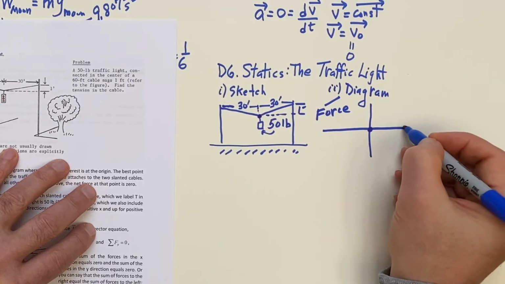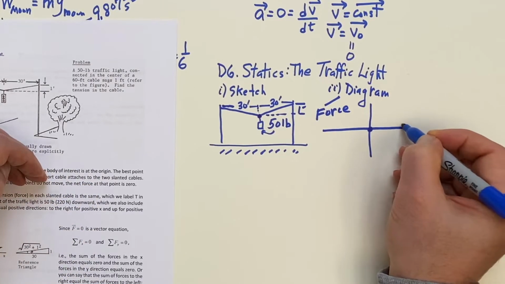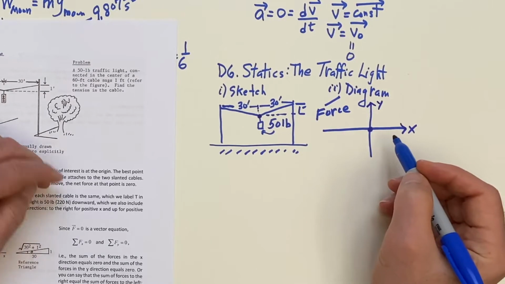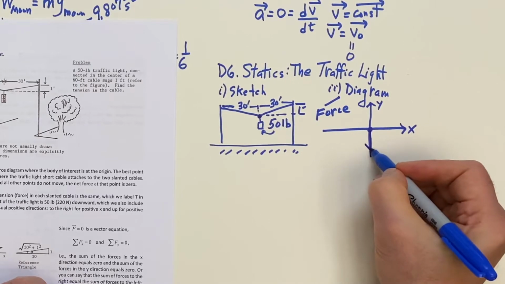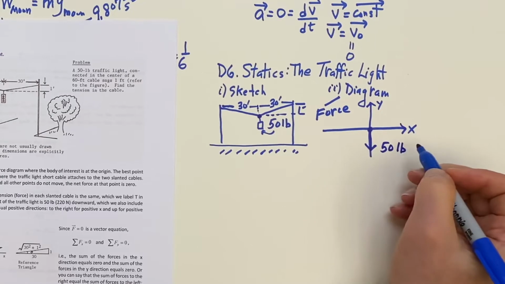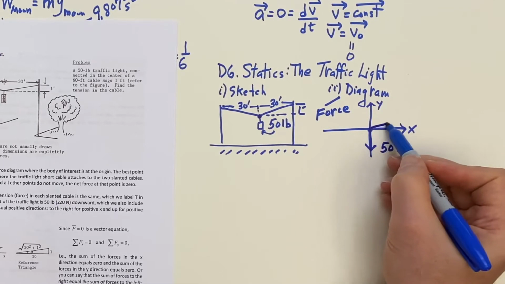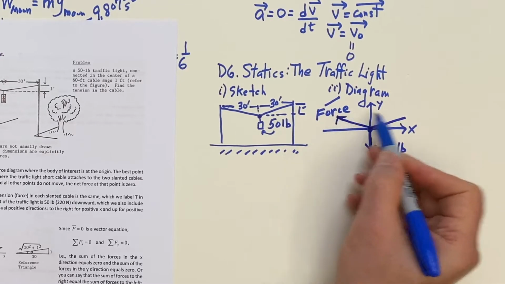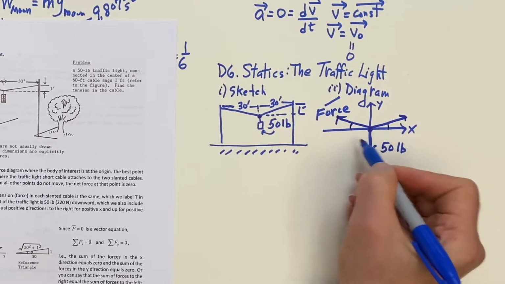So if we do this, you can give here a little direction. This is X, and this is Y. Then what's operating on this point is you got an mg going down, which is your 50 pounds, your weight. And then you have these cables that are going like this, where there's two forces, and then there's the angle here.